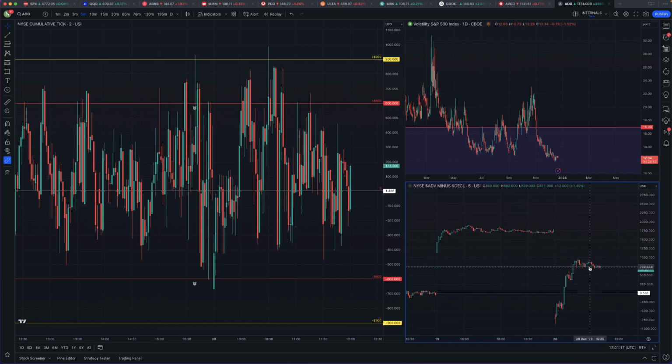So when the VIX is going down and the ADD is going up, that's a good positive note for the market and is good for your longs. In the inverse, when the VIX is going up and the ADD is going down, then things are probably dropping in the market, and you should be careful, right?